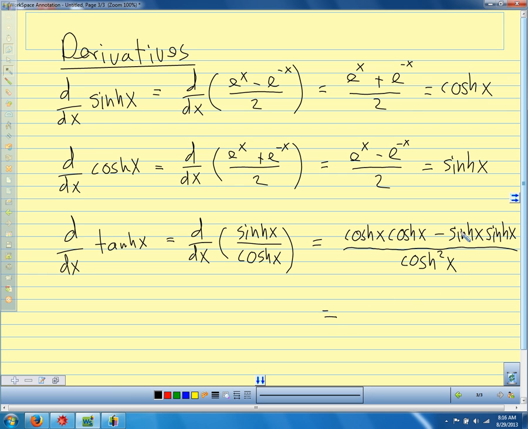Cosh x squared minus sinh x squared is 1. And 1 over cosh squared is sech squared x. So kind of a familiar derivative. And we can go through all of these derivatives of all the different hyperbolic trig functions, going through a similar process.